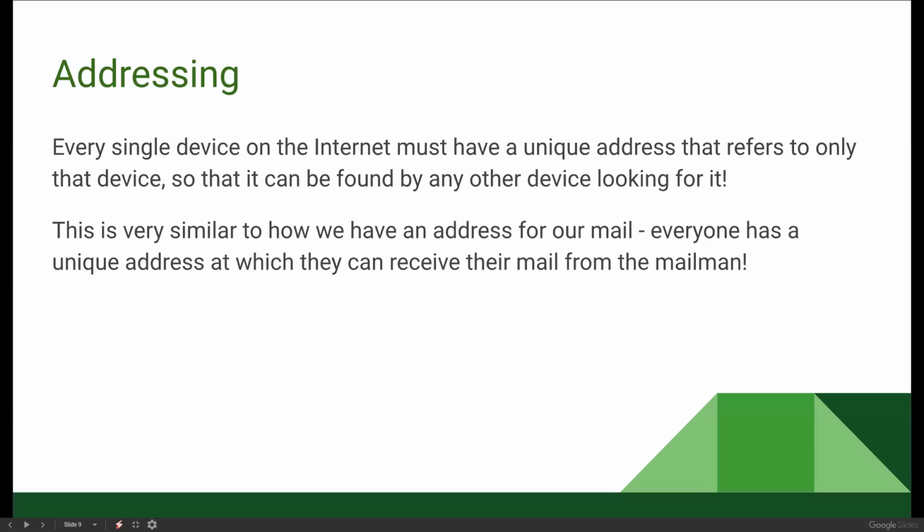This is very similar to how we have a mailing address. Everyone has a unique address, or at least their home has a unique address where they can receive mail from the mailman, so that they can have the postage delivered to them.